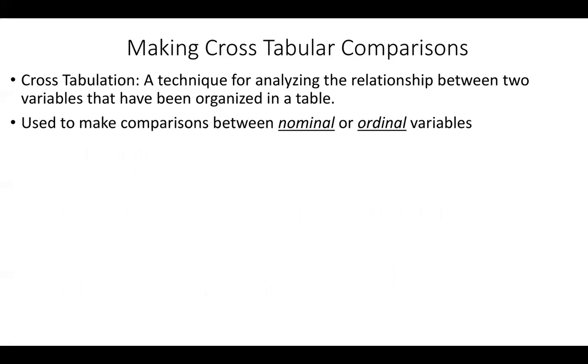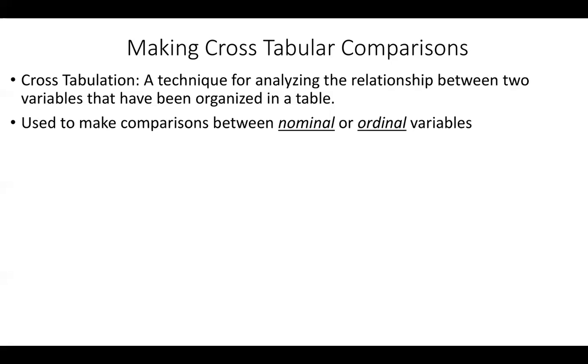Calculating a mean doesn't really make sense when you have a nominal variable like categories of race or categories of gender. It also doesn't really make sense when you have ordinal variables, say different categories in a Likert scale. So these cross-tabular comparisons are about figuring out relationships between two nominal or ordinal variables.